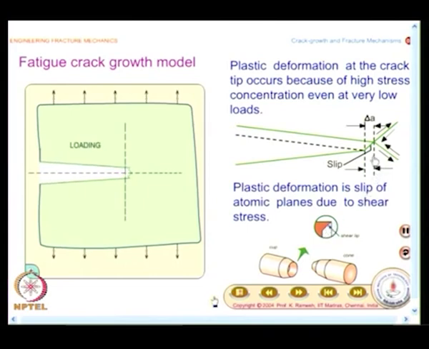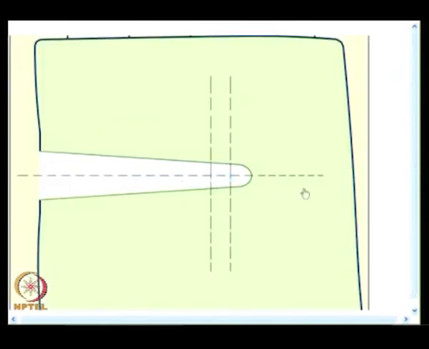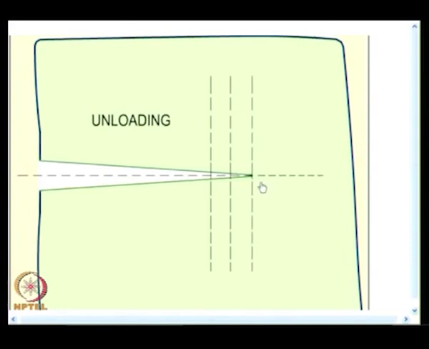And what you will have to keep in mind is all this happens at a microscopic scale. It is very highly enlarged for conceptual appreciation. So, when I have a crack, I have a slip that takes place, and we have a model of how a fatigue crack grows as an animation, and this is purely done based on the kind of processes that are involved in advancement of the crack.